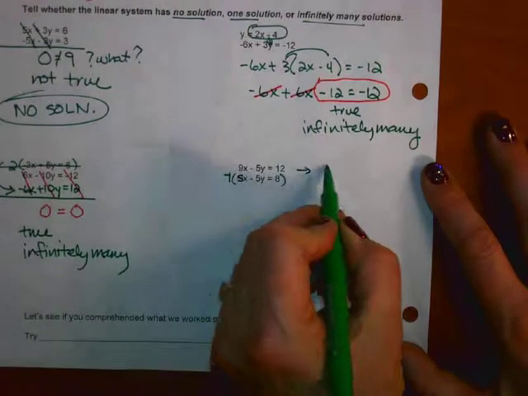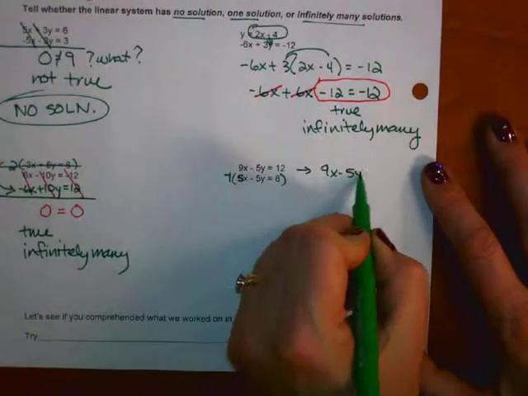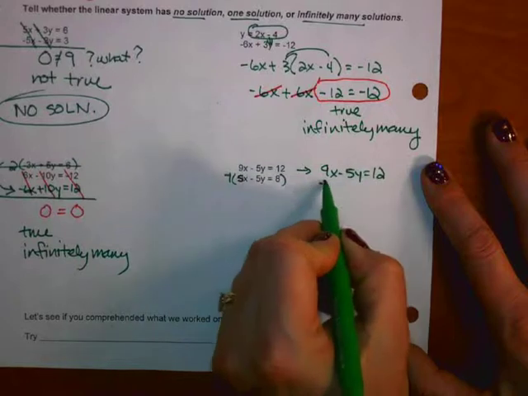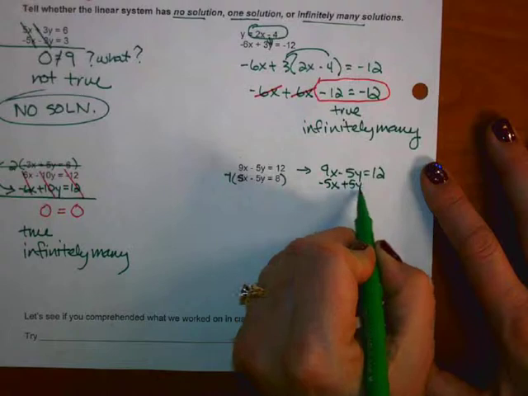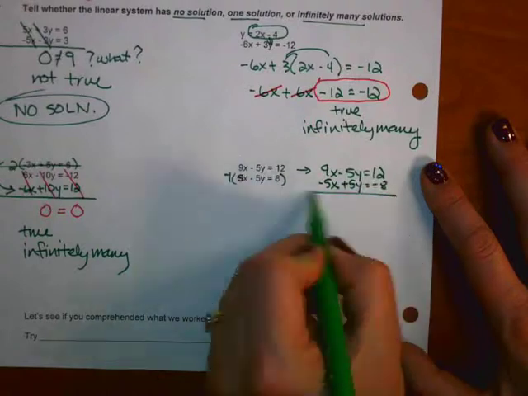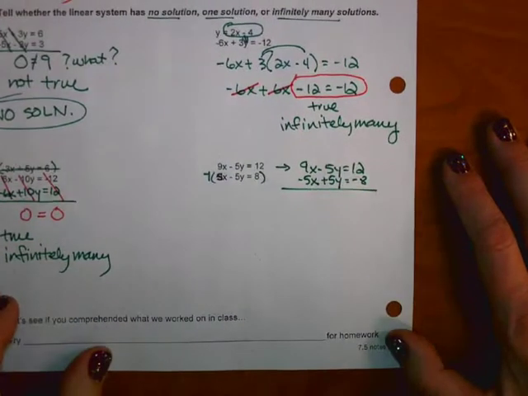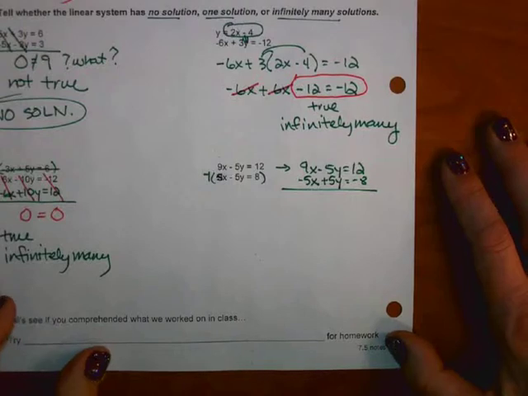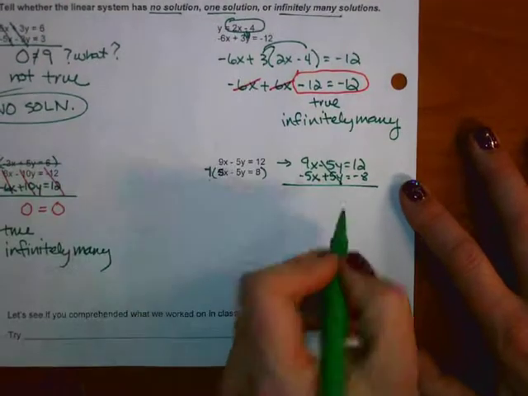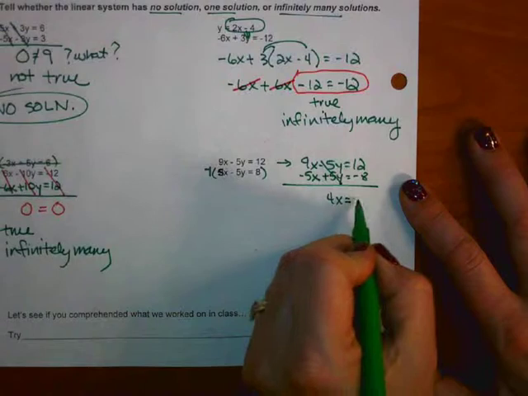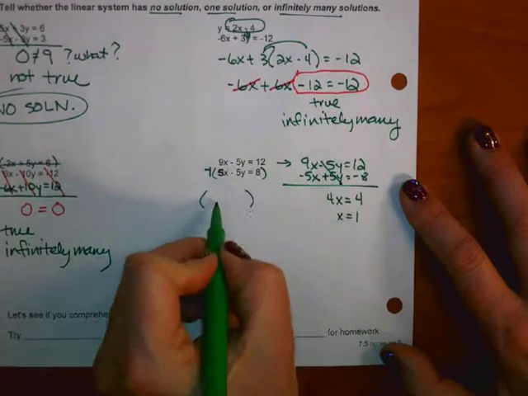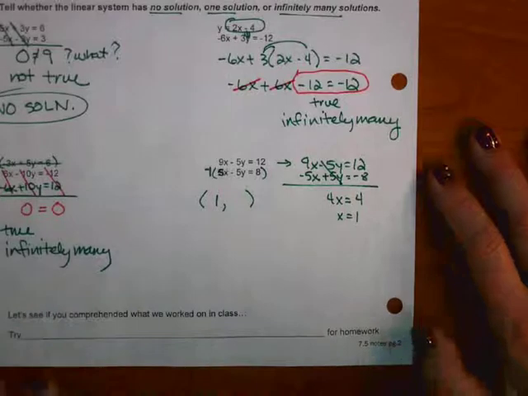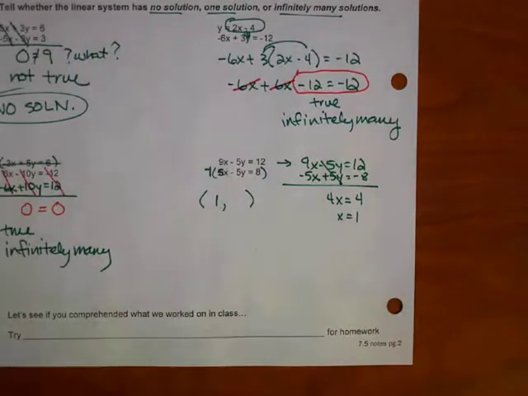So I'm just going to rewrite it over here. 9x minus 5y equals 12, and this is negative 5x plus 5y equals negative 8. These cancel out. I have 4x equals 4. I can see I'm going to get an x coordinate, so I'm going to need to set up an ordered pair, which already tells me there's one solution. They intersect somewhere.